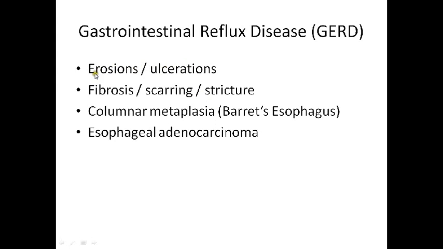With more advanced GERD, we could have erosions and ulcerations right at the gastroesophageal junction, fibrosis, scarring, stricture up into the esophagus. We could have columnar metaplasia, Barrett's esophagus, again caused by some of the erosion and healing.